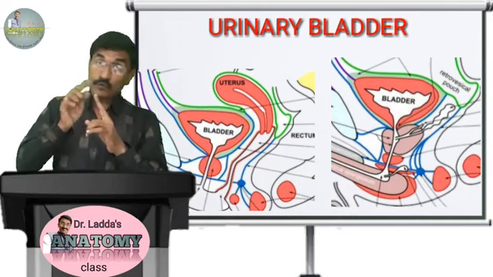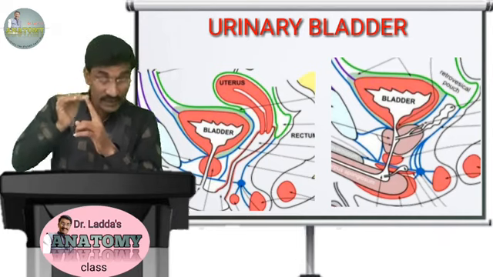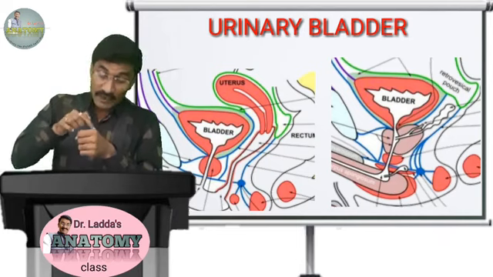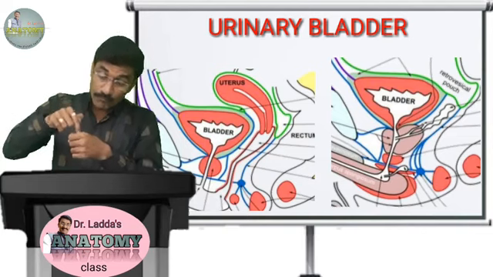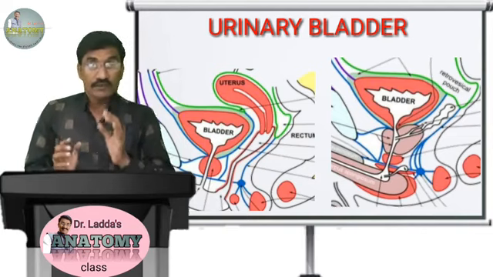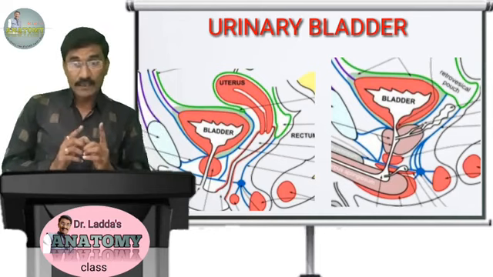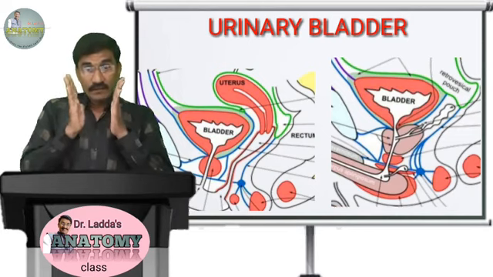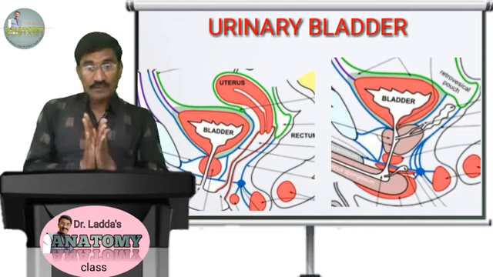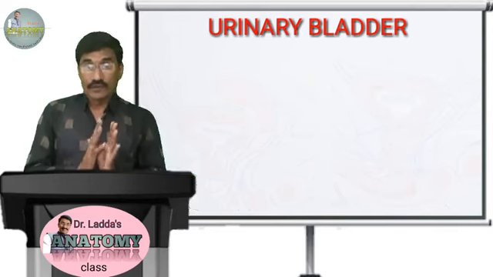Are you getting it? Pre-prostatic means the urethra which is above the prostate, before entering inside the prostate. From the internal urethral meatus the urethra goes down, and before entering into the prostate, this part of the urethra is the pre-prostatic urethra, and it is related with the smooth muscle bundles which surround the bladder and the pre-prostatic urethra.